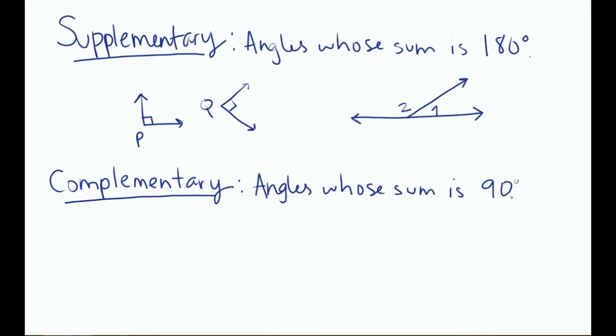So let's say I have this angle right here. We can call this one angle 5. And let's say I also have angle 6. When I add the measures of these 2 angles together, I would get 90 degrees, or something very close to it here. So we would say that angle 5 and angle 6 are complementary to each other.